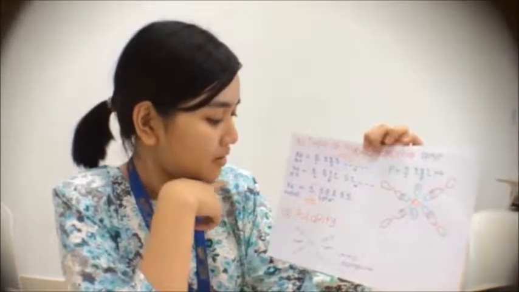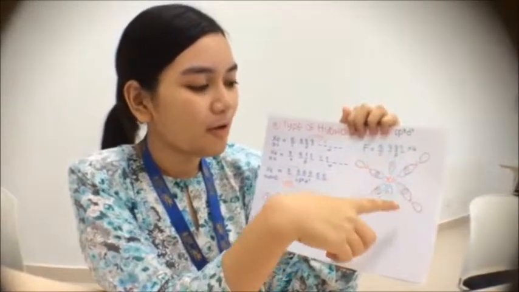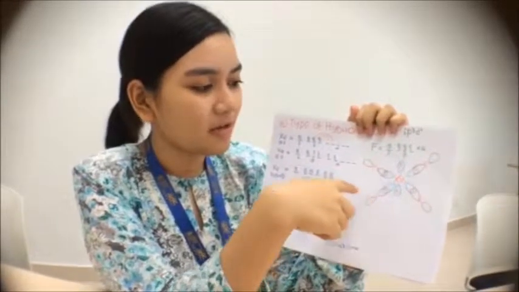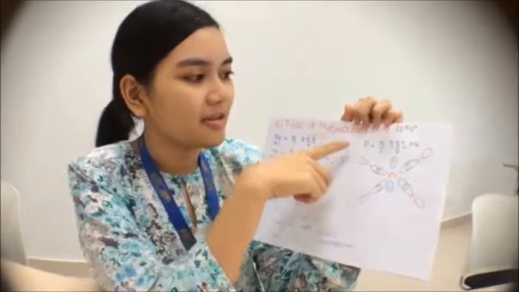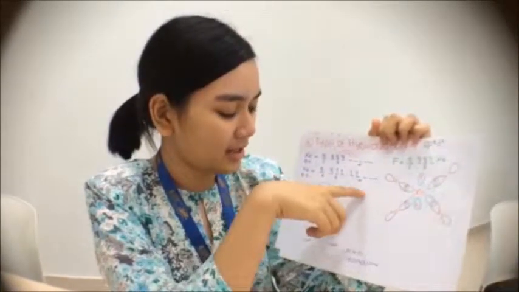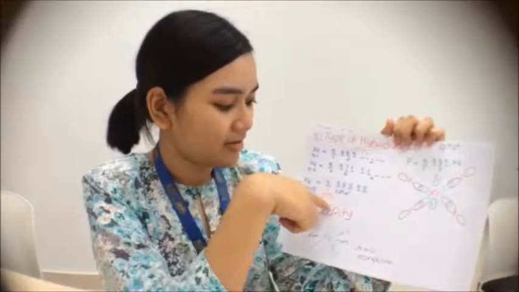We excite the other 2 electrons in the other 2p group. Since xenon has 6 pairs of electrons around it, the type of hybridization is sp3d2. We are going to hybridize this section only.